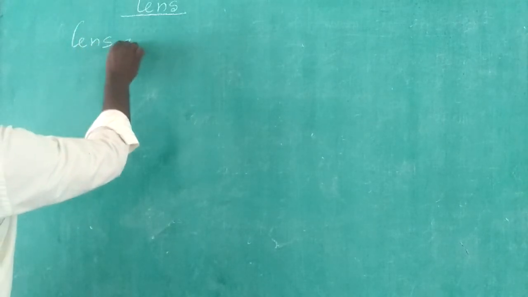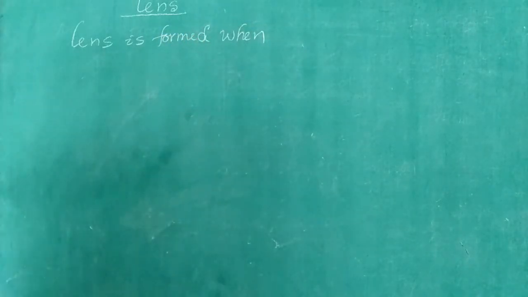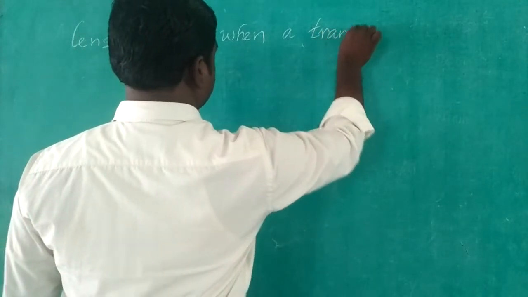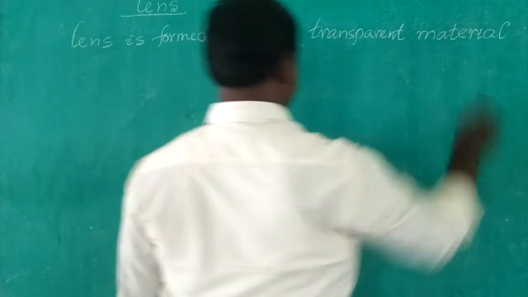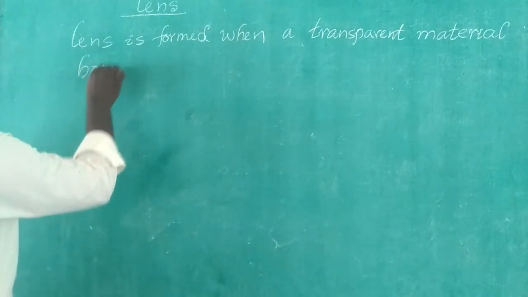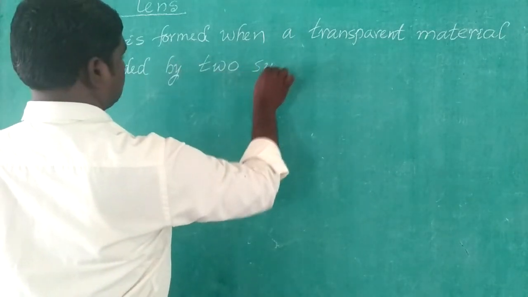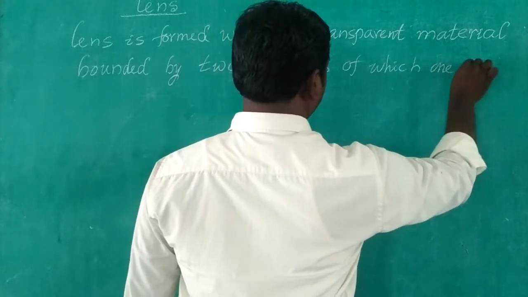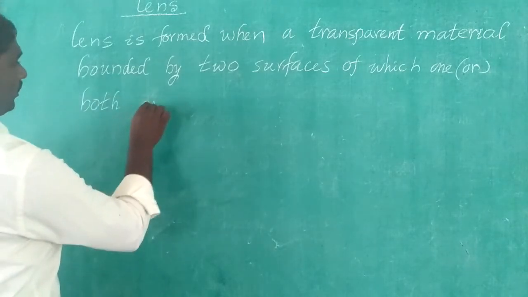Okay, friends, first is the lens. A lens is formed when a transparent material is bounded by two surfaces, of which one or both are spherical.